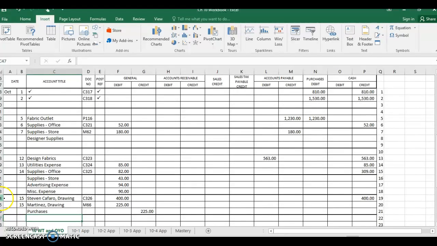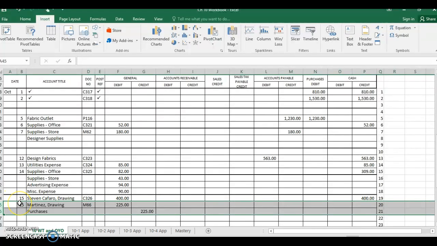Okay, so here's the two differences. If they're withdrawing cash, just like before, it's a drawing, general debit, cash credit. If they're withdrawing merchandise, take the drawing account, still a general debit. Your second line is a general credit for purchases. Okay, so be careful when you look at that.